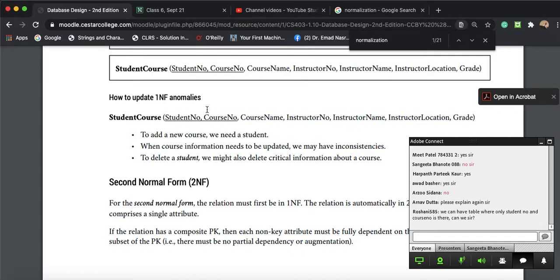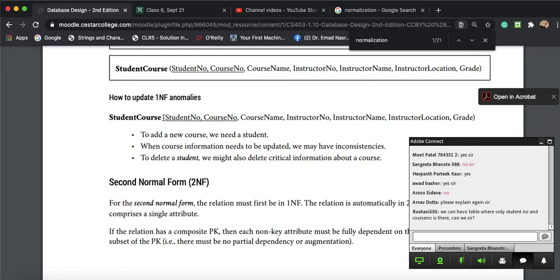If I give you a question with such a design and ask you to check whether this table is in normal form 1 or normal form 2. Is it in normal form 1?